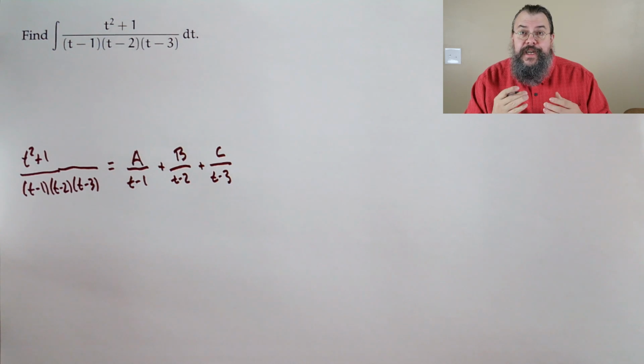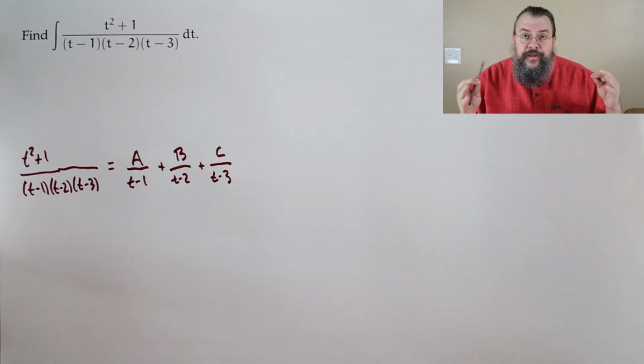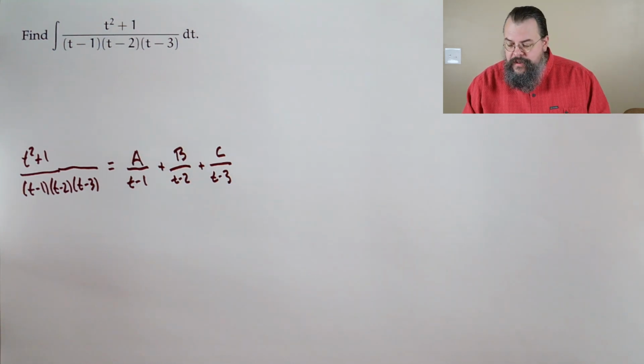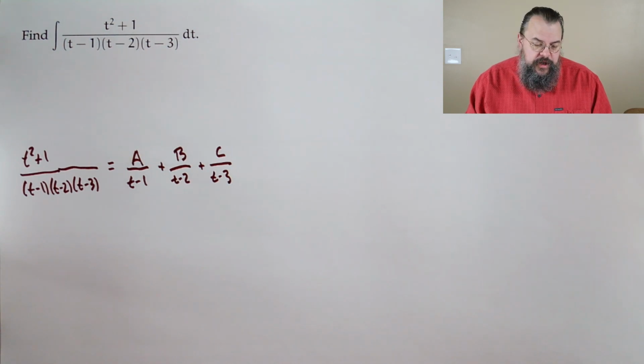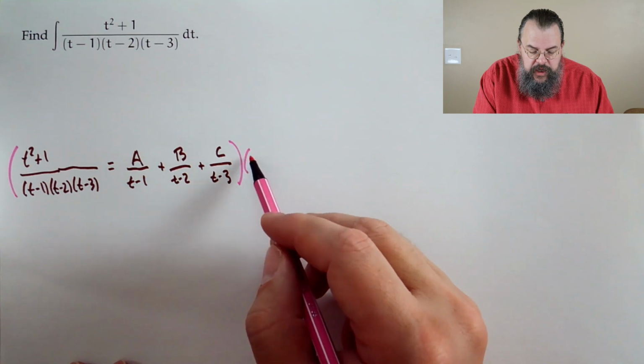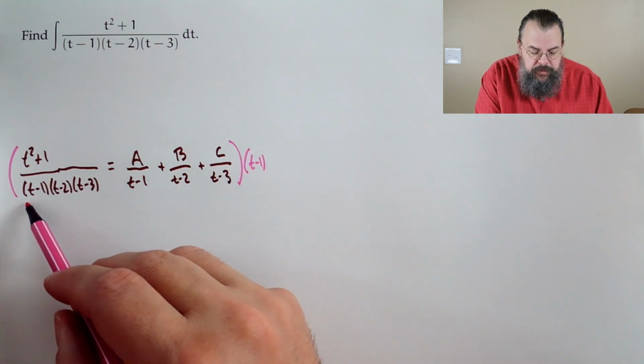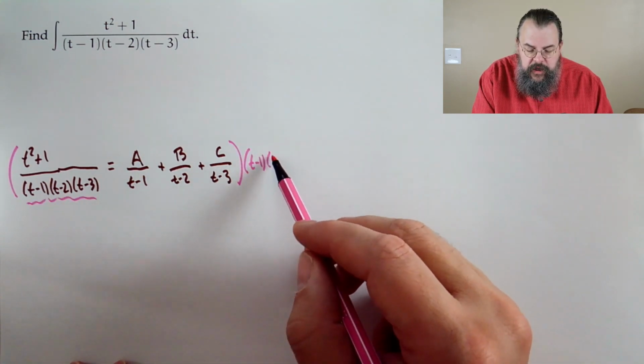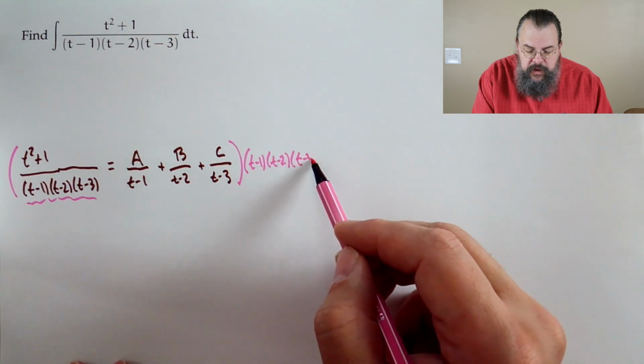So we proceed. The next thing is clear our denominators. So we're going to multiply everything by the denominator, t minus 1, t minus 2, t minus 3.